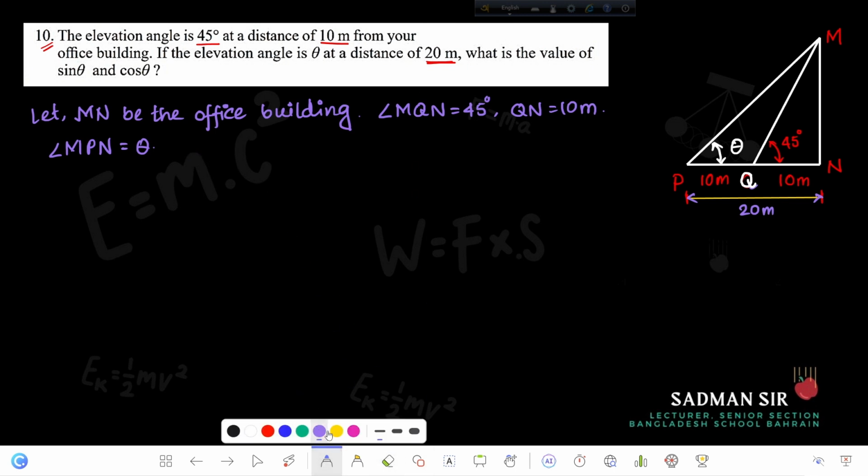Rather, we can just mention that PN is 20 meter. That distance is given. From here we can find out the length of PQ. We will do that through a separate calculation: this total distance is 20, and if I subtract the 10, then I am getting this 10. It is better to show the calculation in this way.